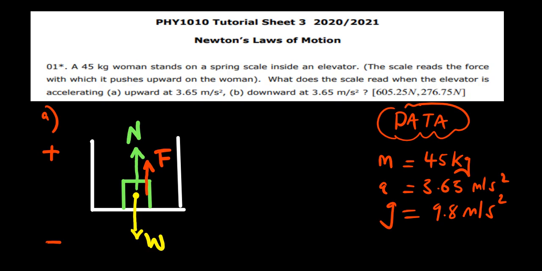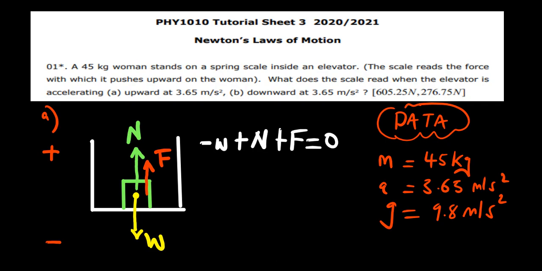Now what do we have? We first have to find all the forces acting on this woman. We have our weight, which will be negative because it's on the negative side, plus our normal force going up. So we have two forces going up, the normal force and the force that is taking her upward. All these forces should add up to 0.